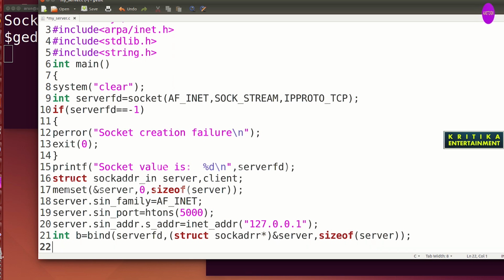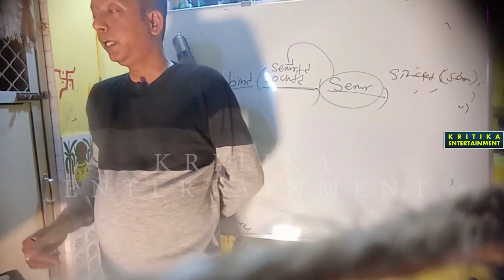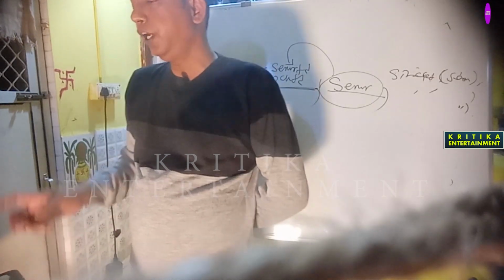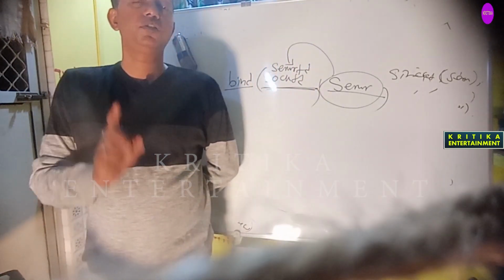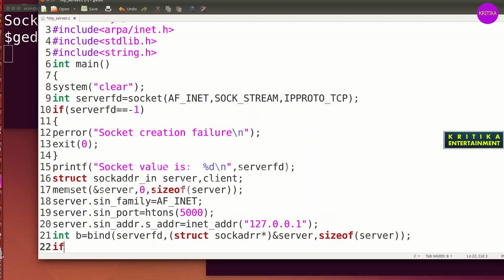Then remember, I will check whether your bind function returns successfully or returns -1. -1 means the bind function contains an error. So here I will trap the error. Write if b equals -1, then perror bind failure, backslash n, then close the bracket and call exit 0.